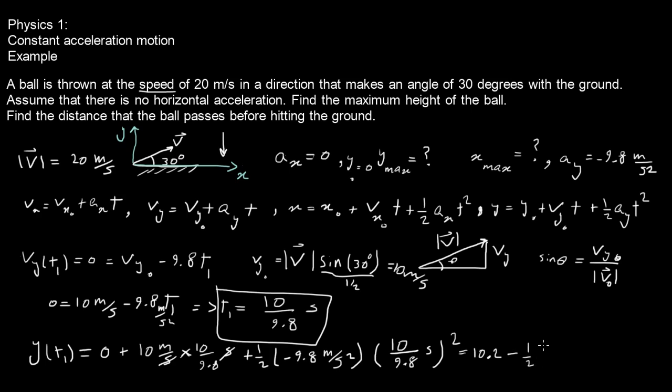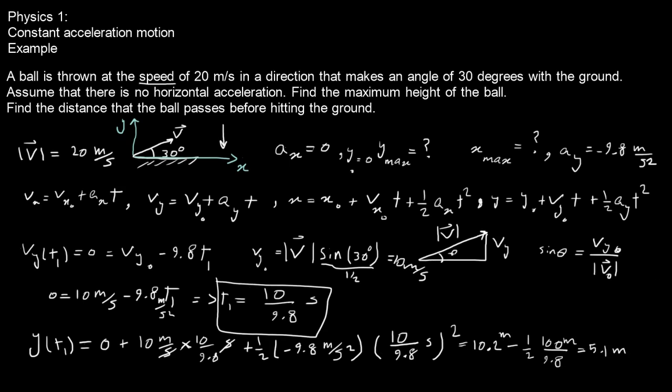So it's half of 100 divided by 9.8, because 9.8 is square and 9.8, one of them cancel, another comes here, so this is half of that, so it's 5.1, and it's meters, so therefore this is also meters.